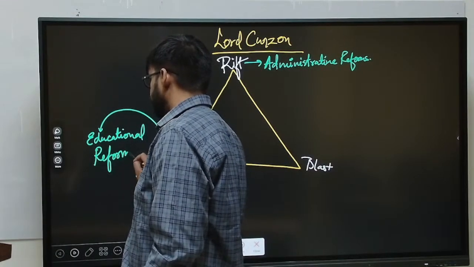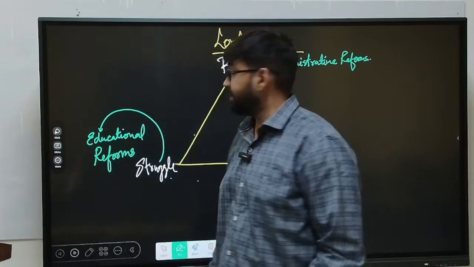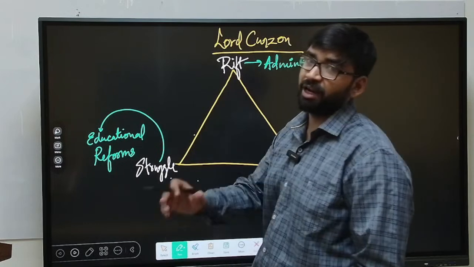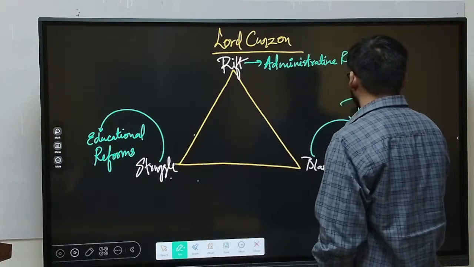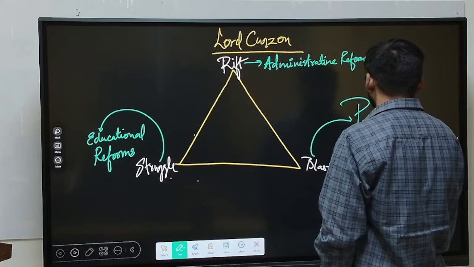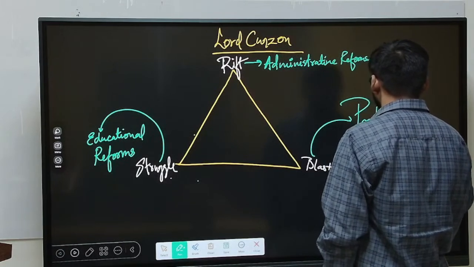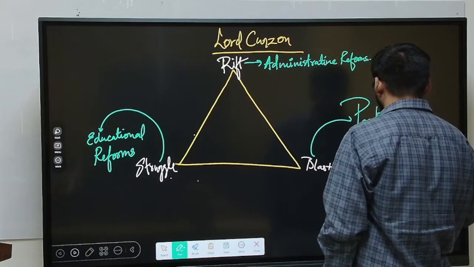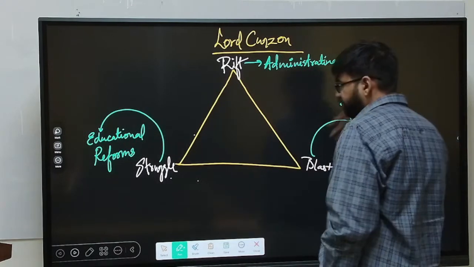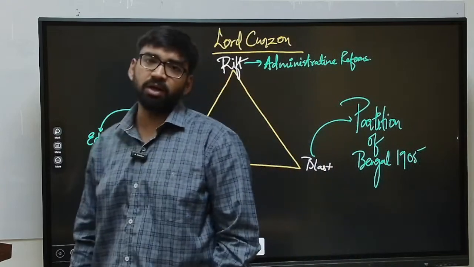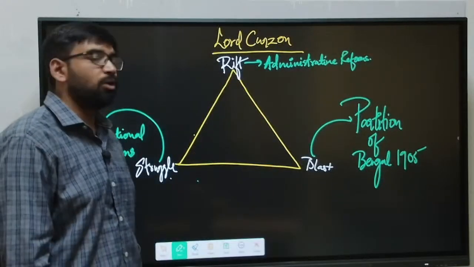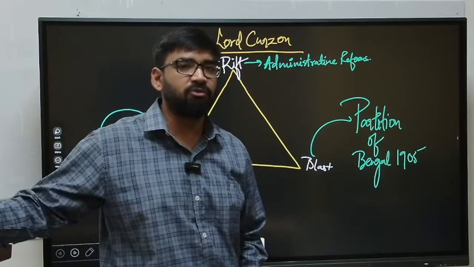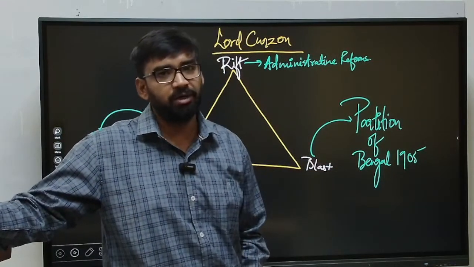And the blast was created by his policy, Partition of Bengal, 1905. These were three important policies which gave impetus to national awakening and national movement.